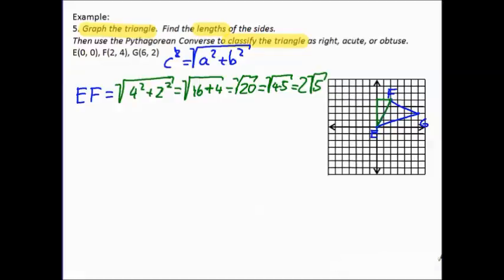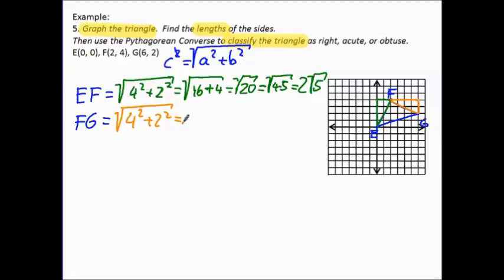And similarly, FG is part of the right triangle with these two legs. So FG is equal to the square root of yet again 4 squared plus 2 squared.